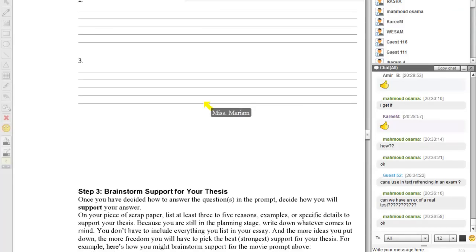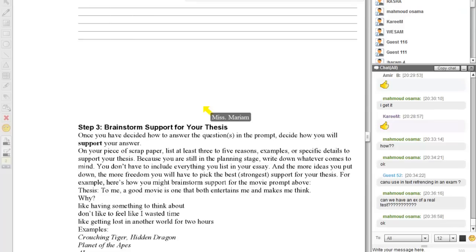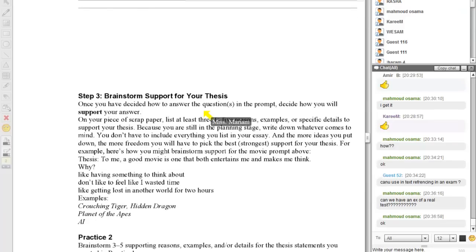Okay, so this is the second step. For the third one, the brainstorming. Do you remember when we talked about making a plan, or outline? This helps you arrange your thoughts, and we said it's very important.